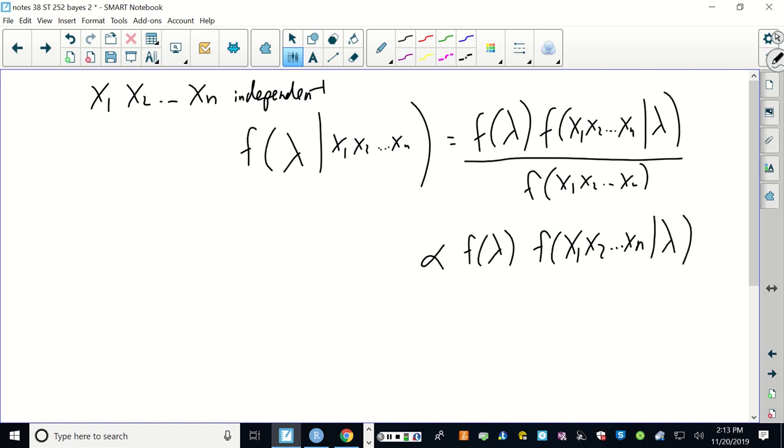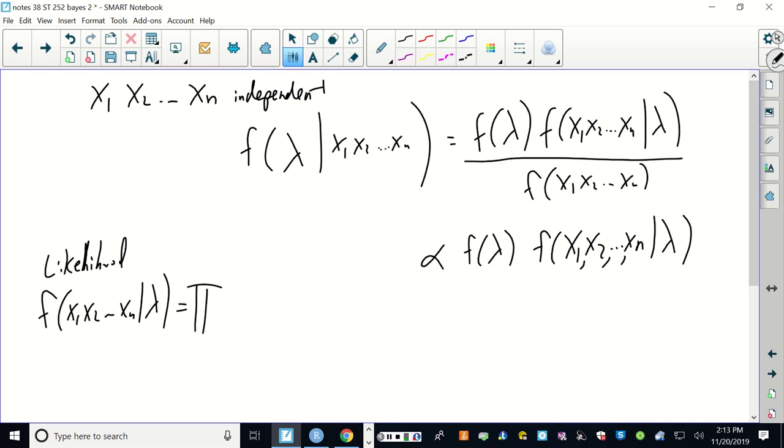And so it's a prior, and now this thing, I've left out the commas, is the likelihood based on those observations. Right? The likelihood piece of x1, x2 up to xn given lambda is a product of the individual probabilities.